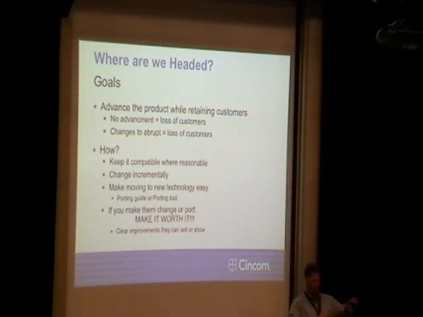If we're here and we want to move to here, often the way I think about it is, okay, you can start with a clean sheet of paper and build your new thing. Well, the reality is often you really need to bridge between the two, and it takes very careful planning to incrementally move from point A to point B and get people there without being too disruptive. So we try to do that.